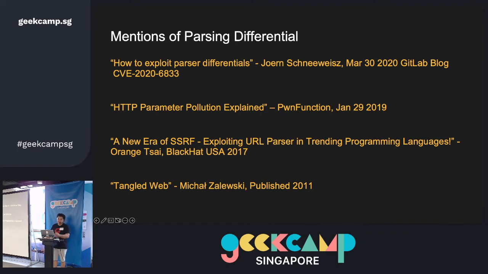You have how to exploit parser differentials in GitLab by Yuan, and there's a Boon function which he made a tremendous video about. And then my favorite hacker researcher, Orange, who talked about it in his Black Hat talk in 2018. And one of the books that I read like a Bible, by Mikhail Zalewski.